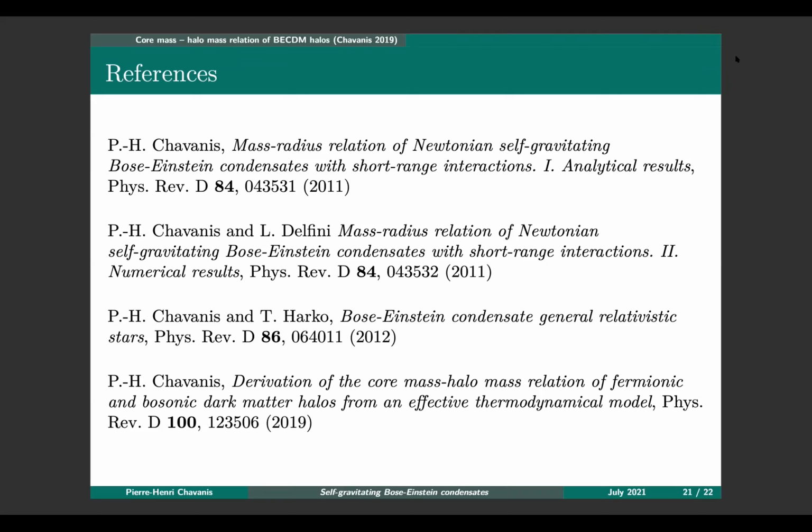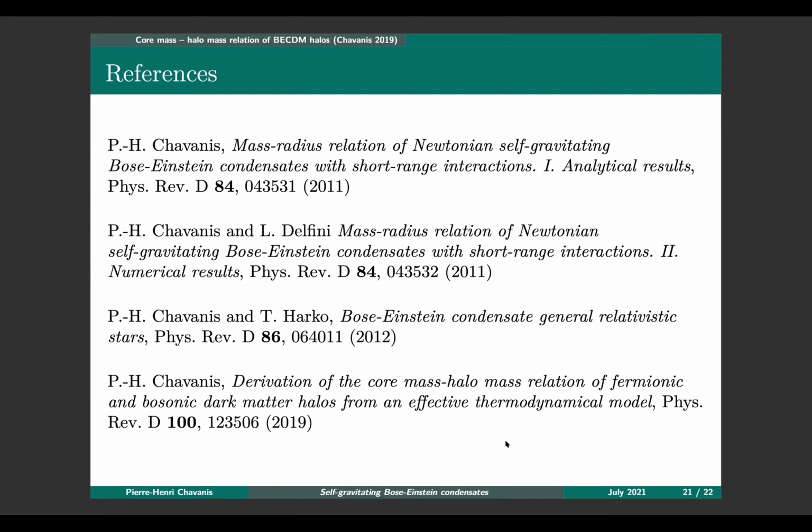Dawood, please go ahead. Hi, and thanks a lot for your nice presentation. My question is related to the first part of your presentation, where you define an equation of state based on the Gross-Pitaevskii equation.